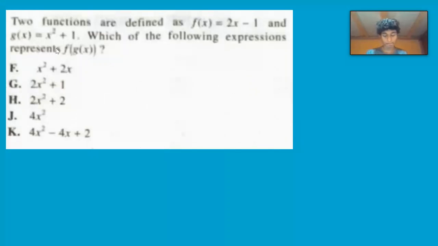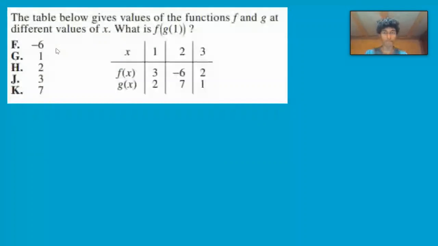Let's look at another one. Try this one now. All right, so we want to know the value of f of g of 1. And the first step in solving this composition is to evaluate what's on the inside.